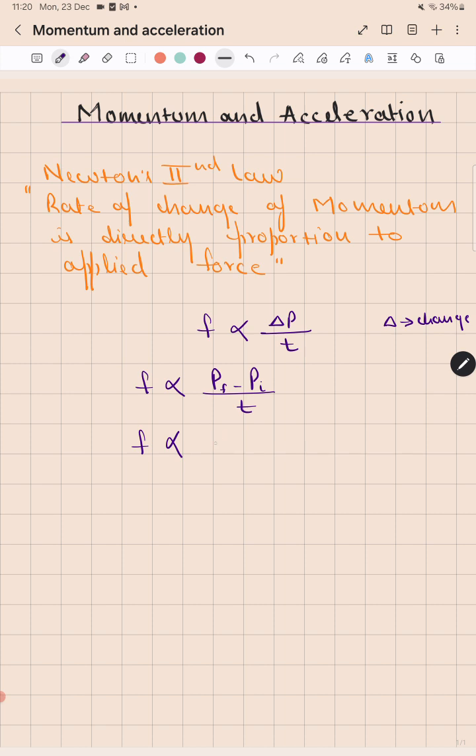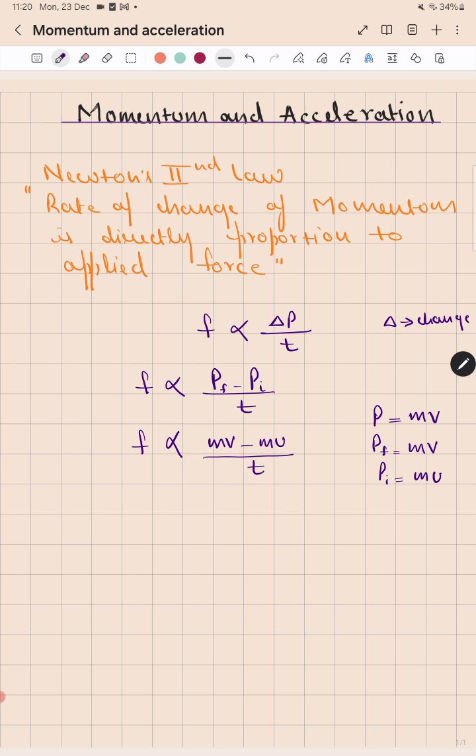What is the basic formula of momentum? P is equal to mass times velocity. For the final momentum you write mv, but for the initial momentum you change the velocity to the initial velocity. So in place of the final momentum I'm writing mv, and in place of the initial momentum I'm writing mu, over time.